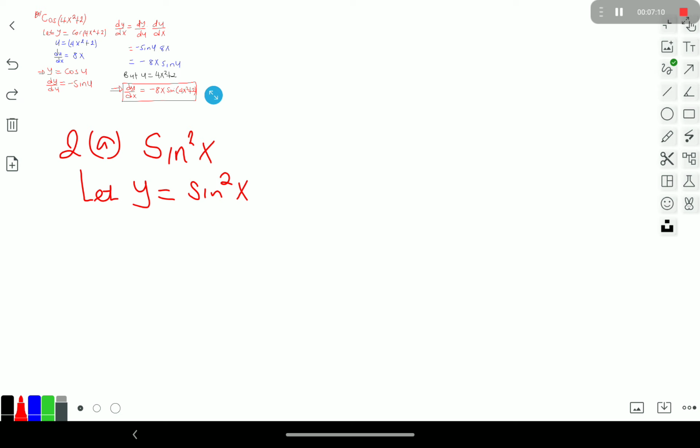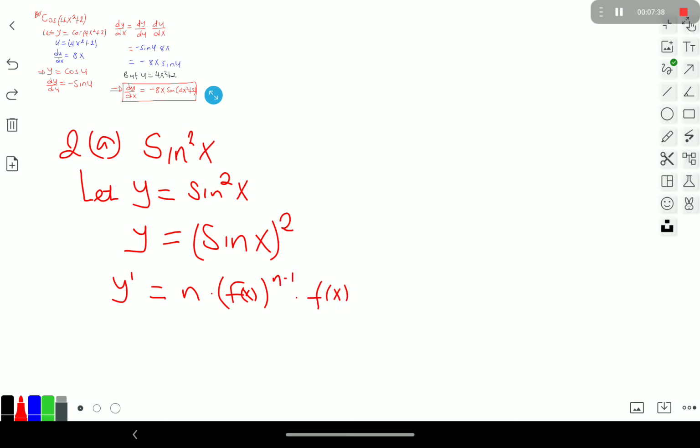Using our chain rule, we shall see that y is the same as sin x, then squared. From here, what does the chain rule show us? By the chain rule, y' is equal to n times the function, then reduce the power by 1, then times the derivative of the function.